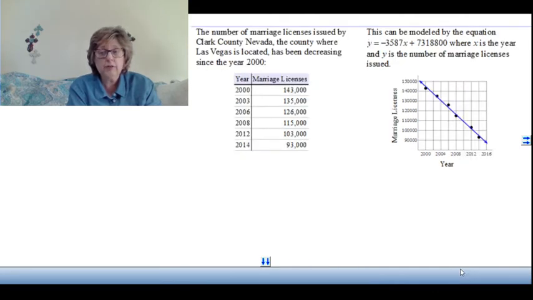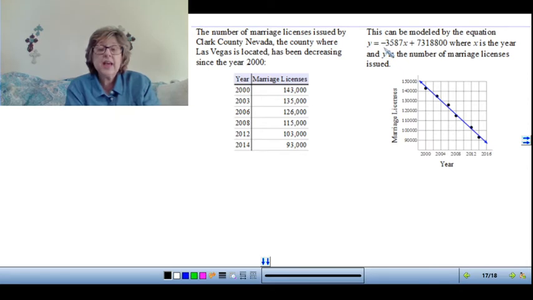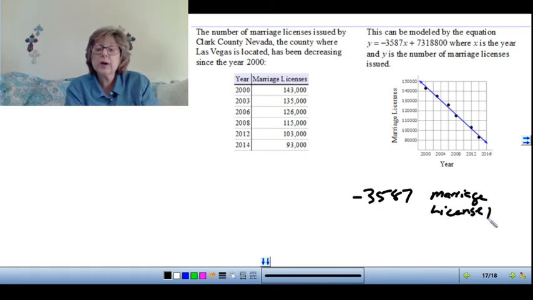On this next one, if it says interpret the slope, it's a negative 3,587. So what does that mean? I'm going down marriage licenses per year.